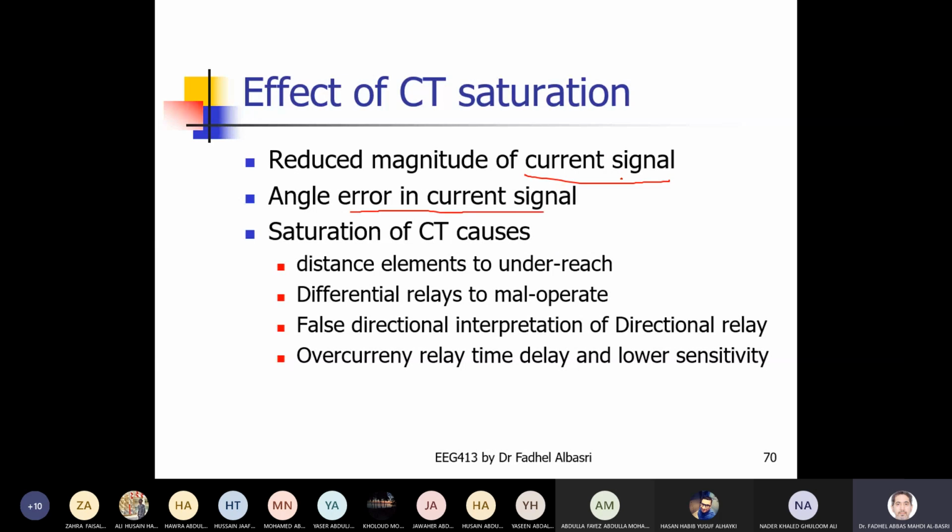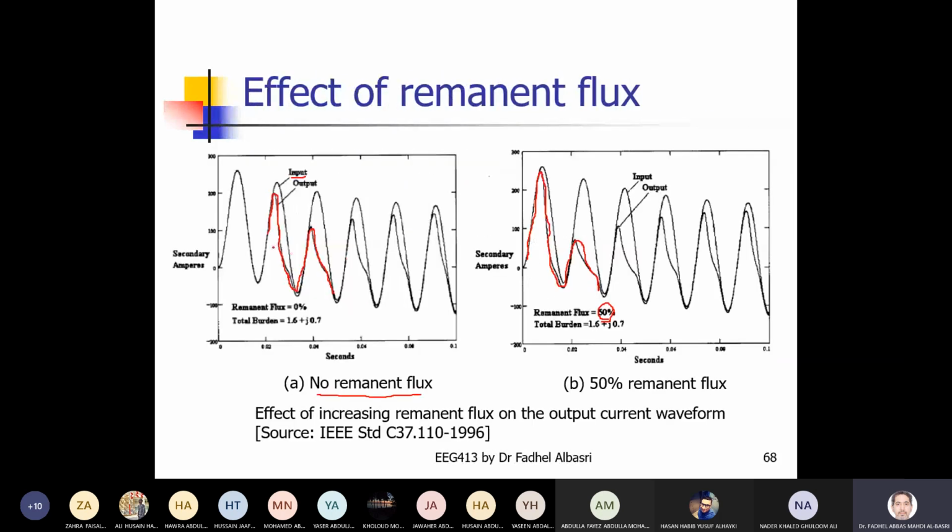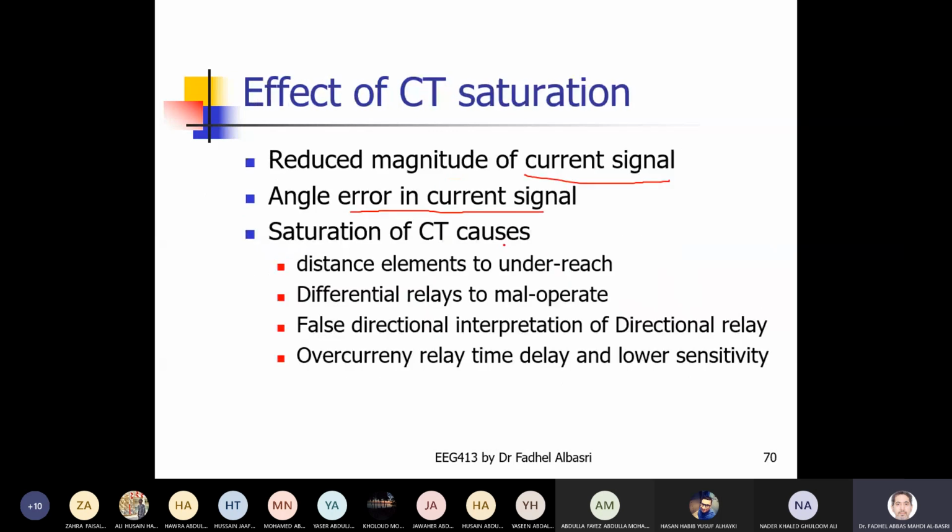It's not just that the magnitude has dropped. If you track the phase relationship between the distorted current and the non-distorted current, there is a phase shift, so there is an angle error also. As a result of these two errors, some relays, such as the overcurrent relay, will take longer to operate, or sometimes might not operate if fully saturated, because the overcurrent relay operates based on the magnitude of current.